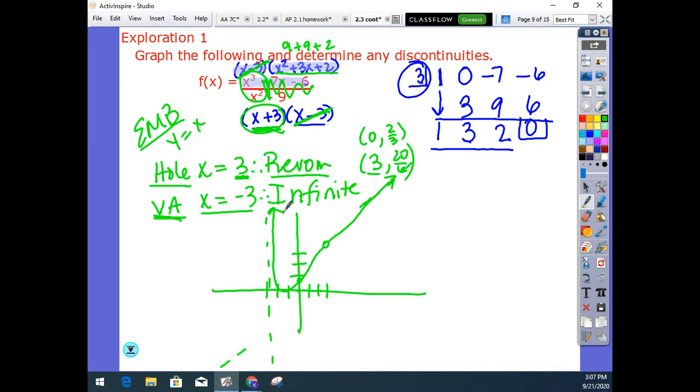I've got to use my ends here and my ends here, and connect my points. And if the exponent on the x plus 3 in the denominator is just a plain x plus 3, not squared or anything, that means one side's going down and the other side's going up. So we can put all those pieces together to graph it.